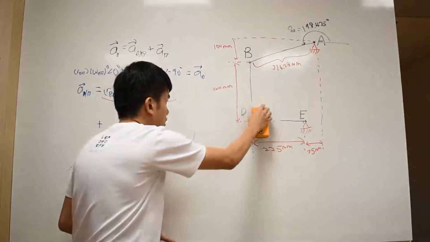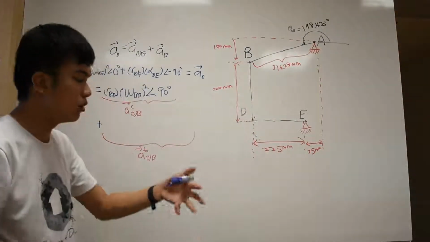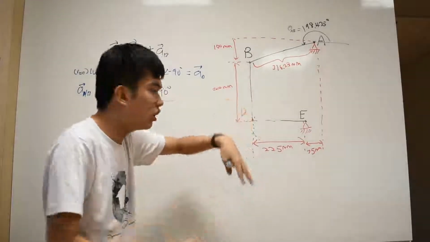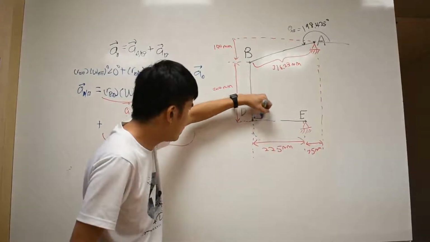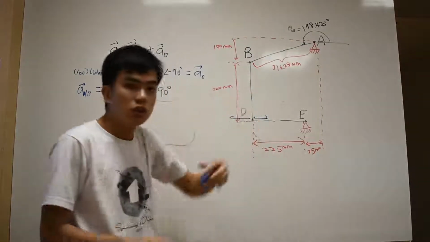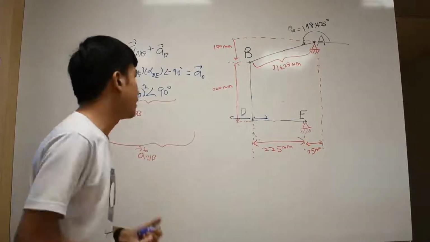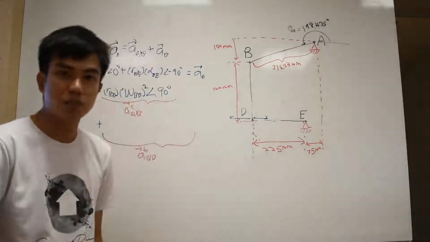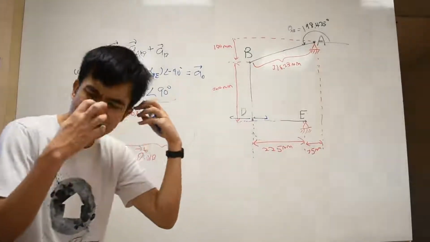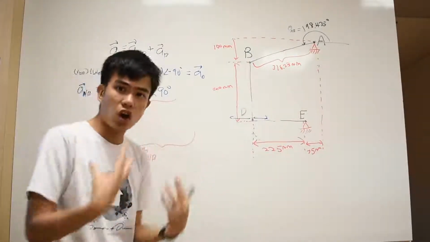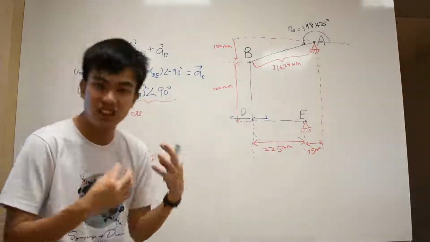Because we confirm this is circular motion, the tangential acceleration of D with respect to B can only be in this direction or this direction. So which direction do we choose? Then again, we always stick to the convention, because we don't have any information on the angular velocity itself, or the angular acceleration itself.